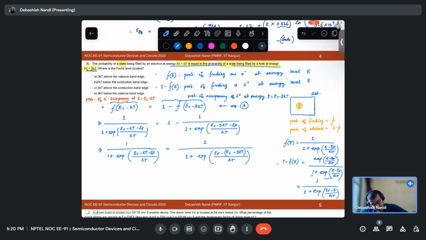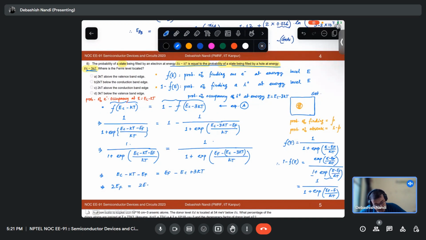Now you can simply equate. These are same, these are same. So you can directly write that EC minus KT minus EF will be equal to EF minus EC plus 3KT. Then what would be your EF? If you take 2EF this side, this would be 2EC minus 4KT.